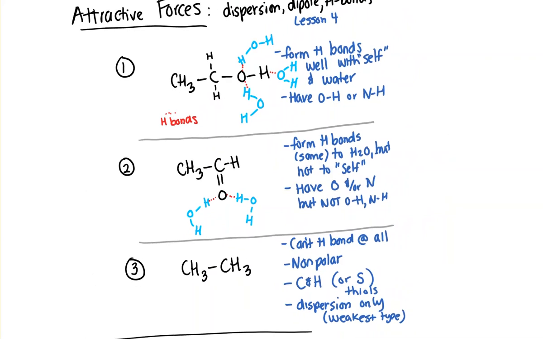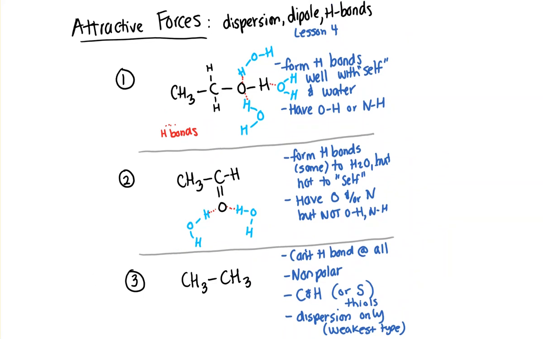Okay, so let's summarize over here. What we can do is make some general comments or trends about these. So one of them is water solubility. In order for an organic compound to be soluble in water, it needs to form attractions to water.